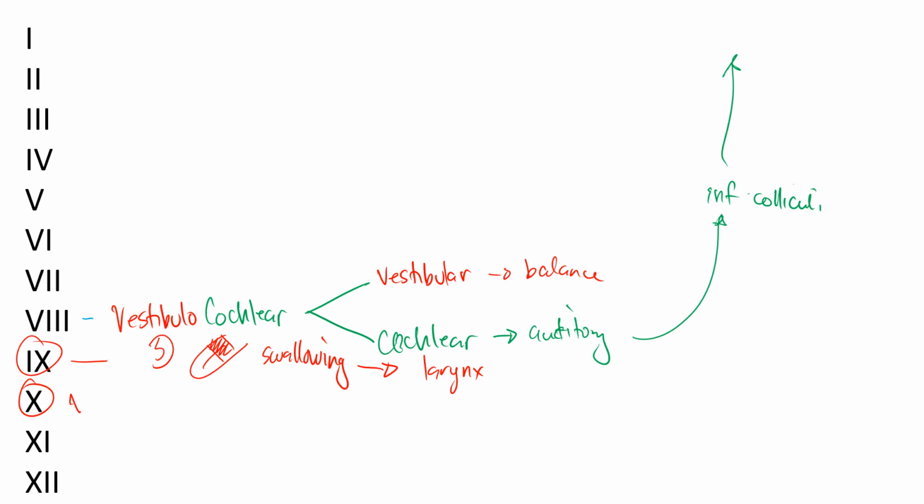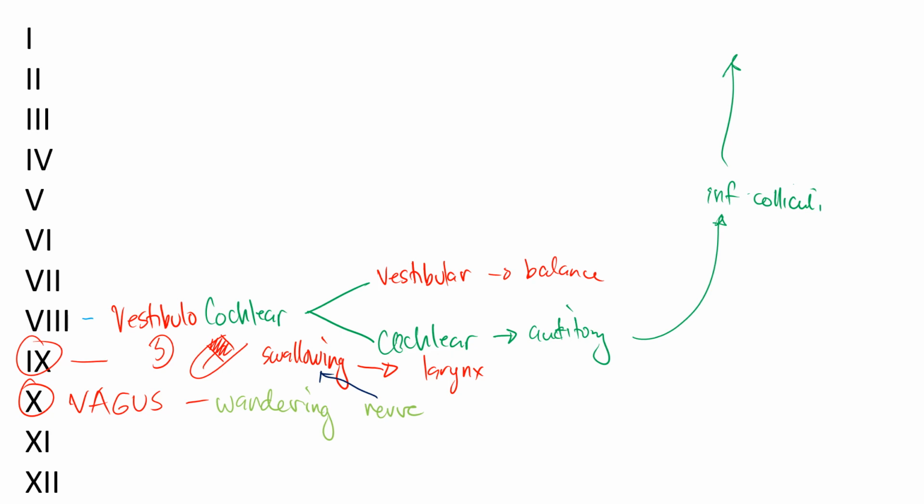Number 10 is your vagus. We call your vagus your wandering nerve, because it goes almost everywhere. It works with your glossopharyngeal for swallowing.